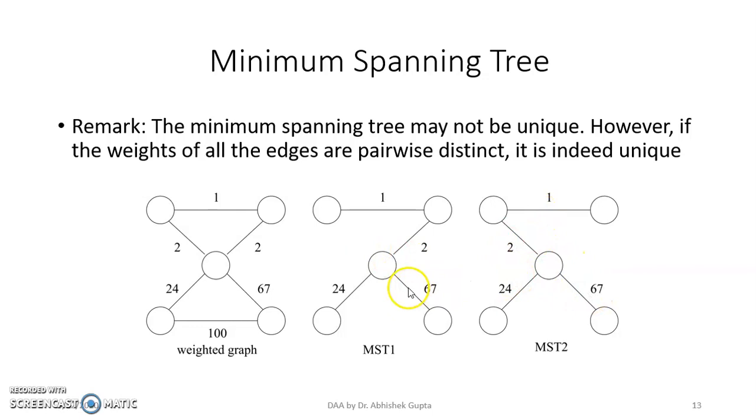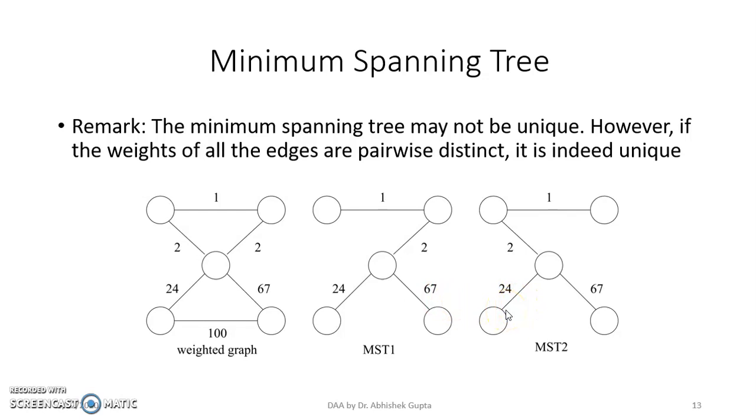So if you see, both trees are different, but the cost is the same, and that cost is the minimum, right? If you find a weighted graph and you are able to make more than one tree which has the minimum cost, then all of these will be called minimum spanning trees. So in this case we can say that these two are minimum spanning trees.